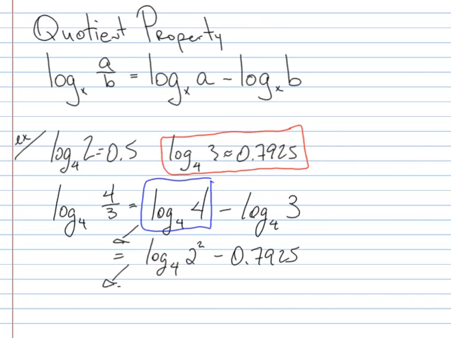Supposing I did forget that log base 4 of 4 is 1, and I went through and worked it out like this, I would have 2 log base 4 of 2 minus my 0.7925.